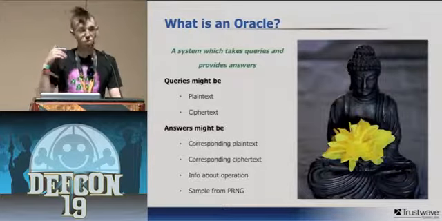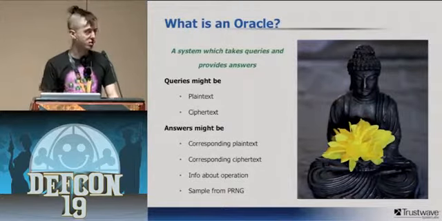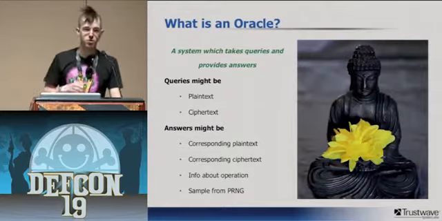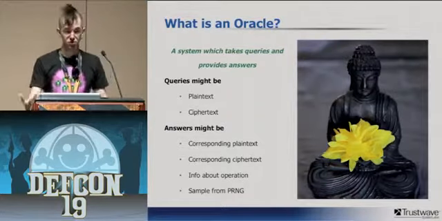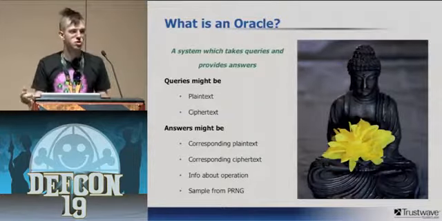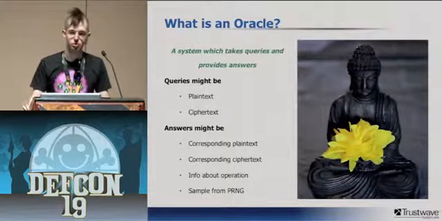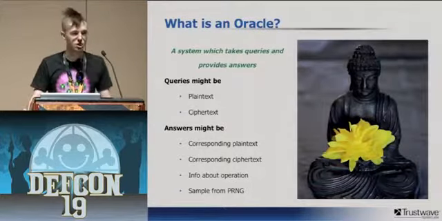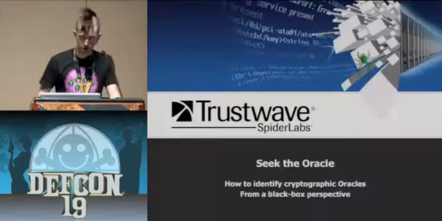Whether that's the corresponding plain text to an input ciphertext, the ciphertext to an input plain text, info about the operation, maybe success or failure, or maybe just a sample from a pseudo-random number generator or a random number generator, which is referred to as a random oracle. We're not really talking about that, but I thought I'd mention it.